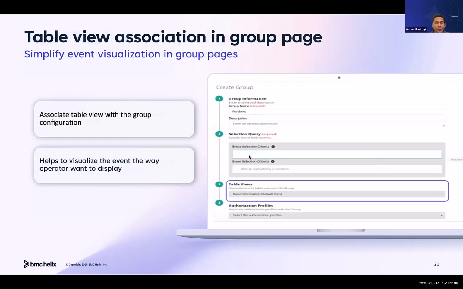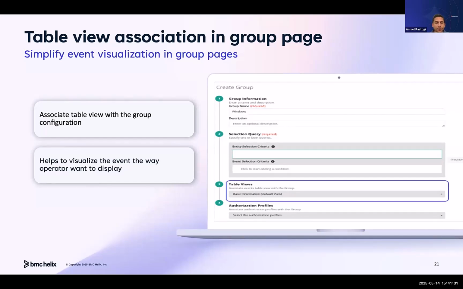And also, in addition to this, we introduced the table views. While creating the group page, I selected that, okay, I wanted to filter the entity types which are Windows, but whether the visualization of Windows events versus Unix events for the Unix operator will be the same, the answer is no, right?